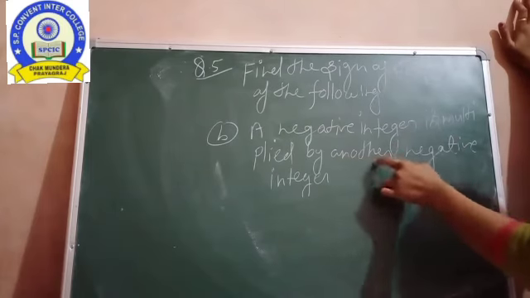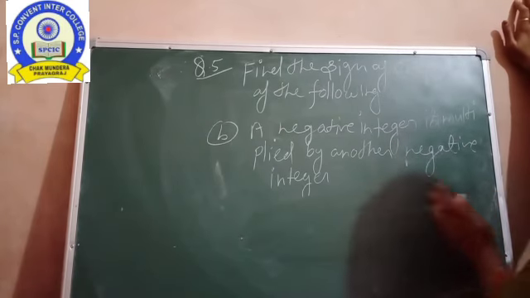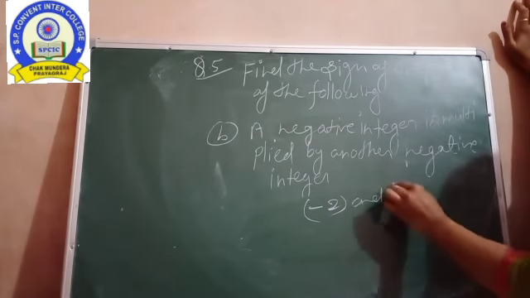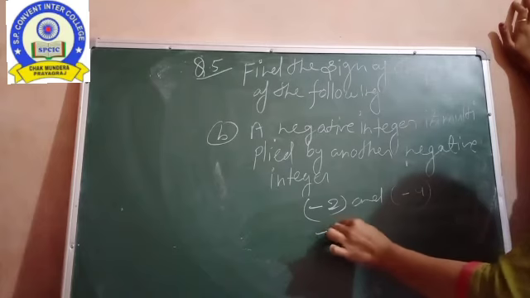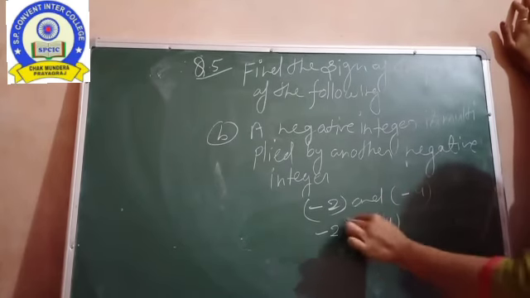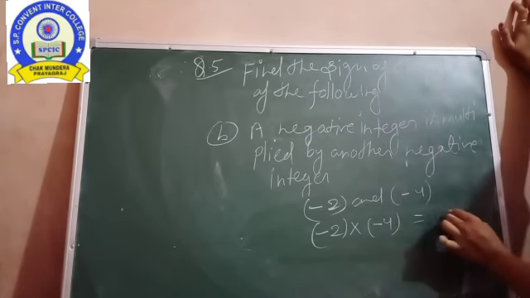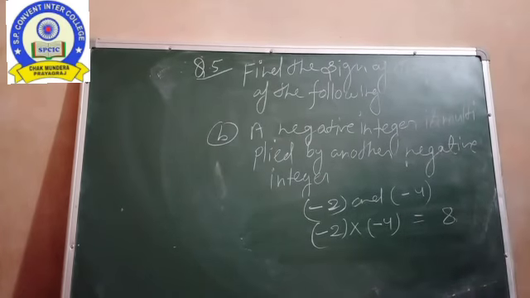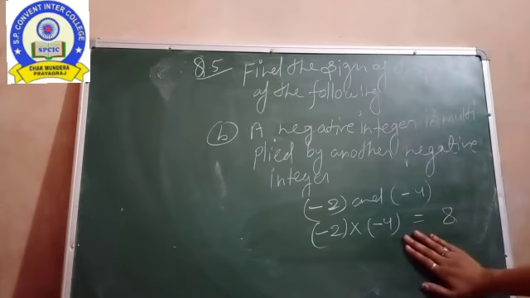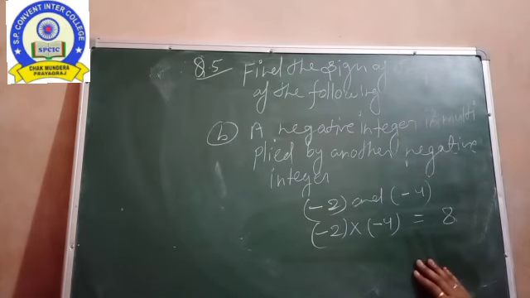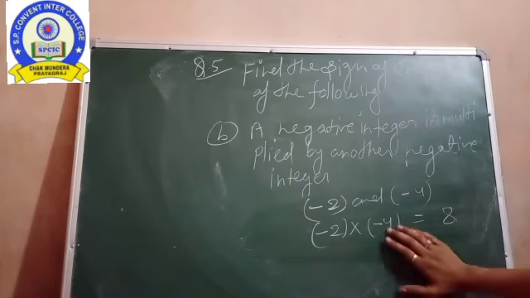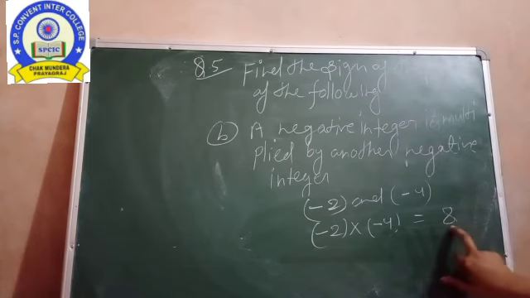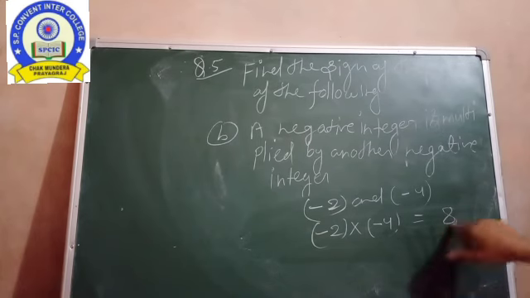Let us suppose minus 2 and minus 4. When multiplied, we get plus 8, because this is the first rule of multiplication of integers. When two integers have the same sign, the product will have a positive sign. Okay, so the answer is positive.